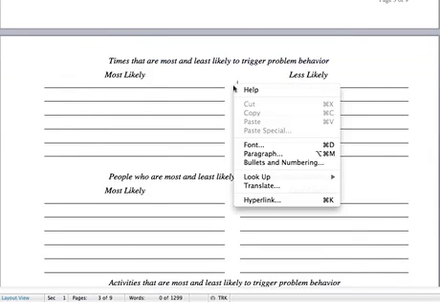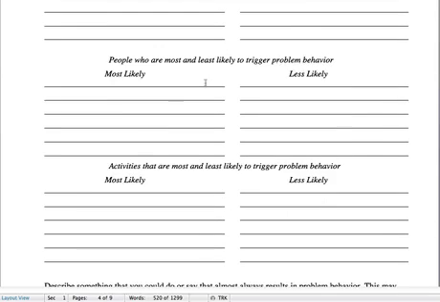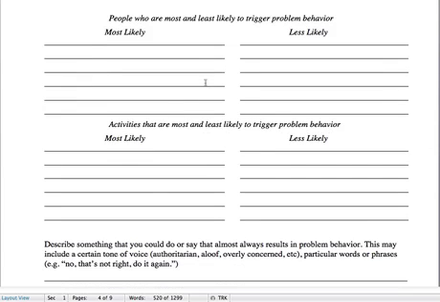Page 4, we're looking at times of day that are more likely and least likely to trigger the problem behavior. People who are more and less likely to trigger the behavior. I worked with a kid once who began aggressing, and we investigated to the point where we learned that he aggressed only towards a particular person, a particular staff person, and to no one else.